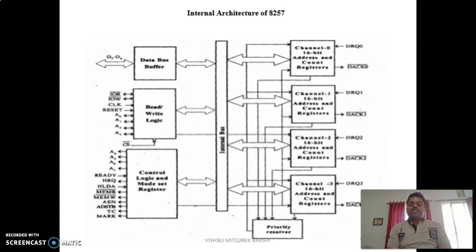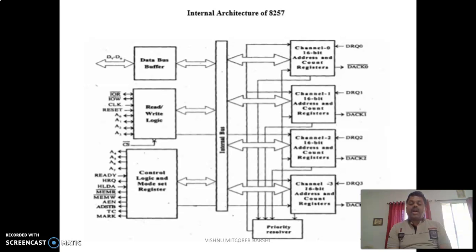The read/write logic block has IOR and IOW, which are active low signals, along with clock and reset pins. The third block is the control logic and mode set register with the pins READY, HRQ, HLDA, MEMR, MEMW. These are active low pins.